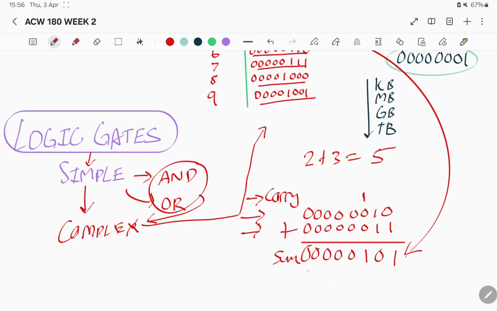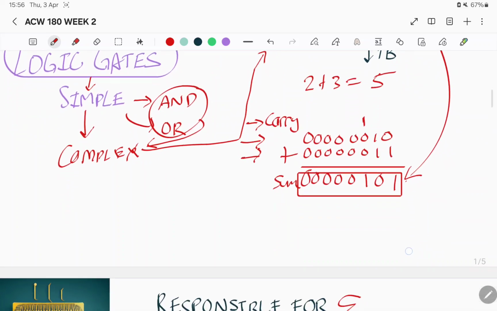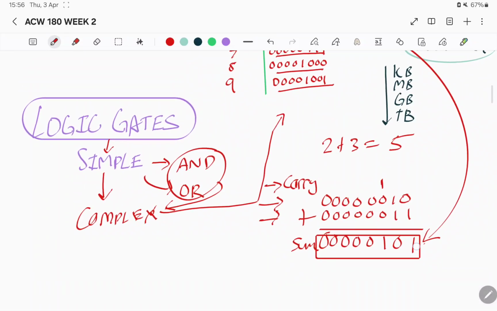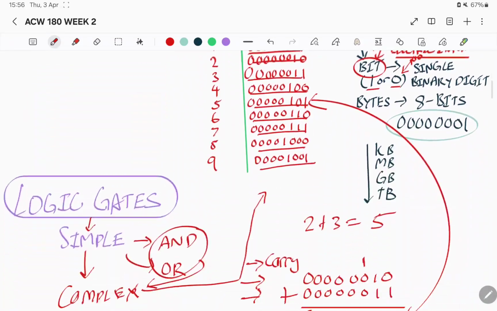It will have the output of this amount. Okay, this is how the computer computes, of course through the CPU, which we'll talk about later on. So far that's it for this part.